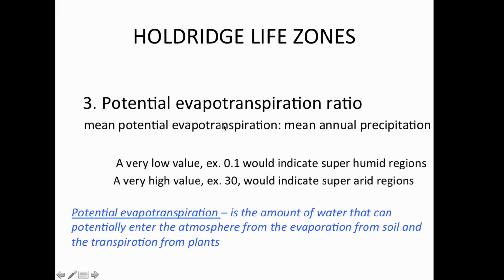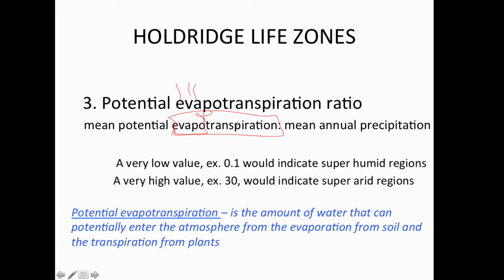So let's just talk for a minute about what this term evapotranspiration might be. The way I think of it is that it's evaporation and transpiration. So evaporation would be the water rising, perhaps from the soil, and becoming vapor.